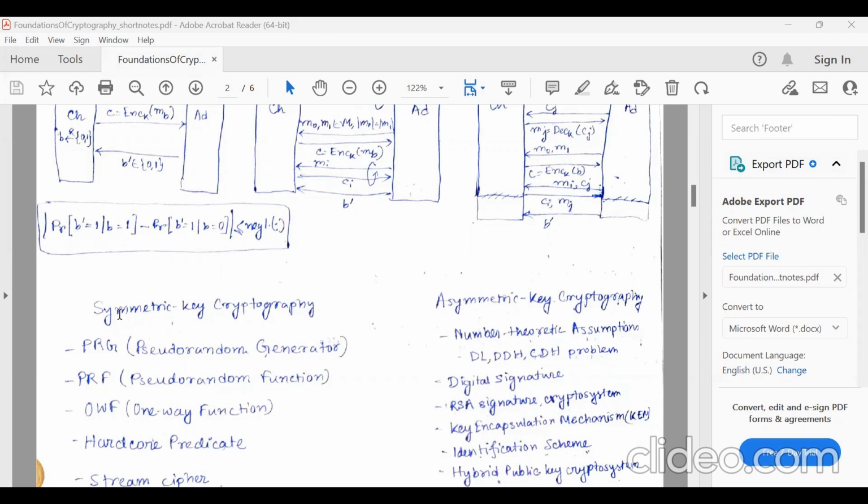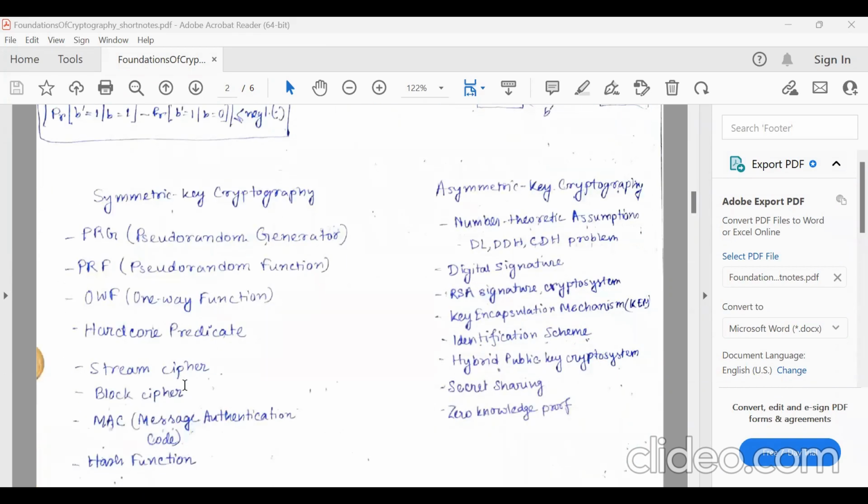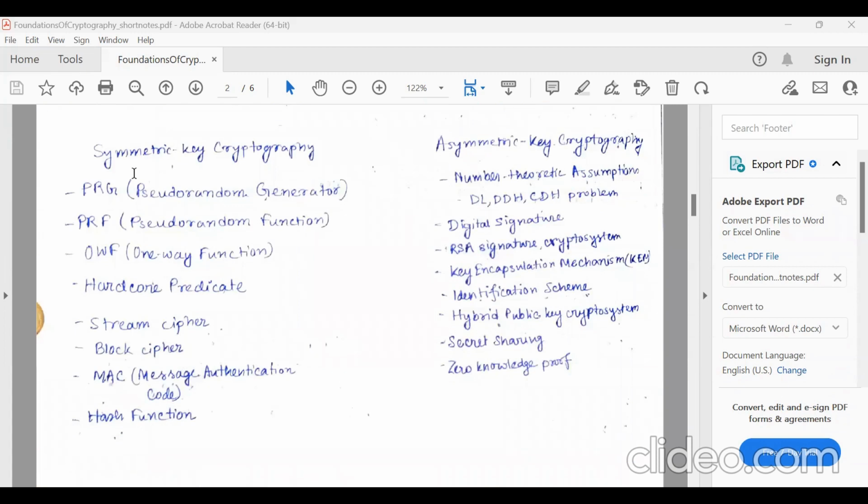Okay, so further proceeding, there are two main primitives, right? Symmetric cryptography and asymmetric cryptography. Maybe you already remember, but for the sake of completeness, I should mention that in symmetric cryptography, both the sender and receiver communicate using the same key at both ends, the encrypting end and the decrypting end. On both sides, the same key K is used. And in case of asymmetric cryptography, the encryption key and the decryption key are different.